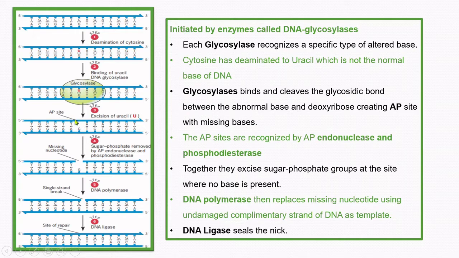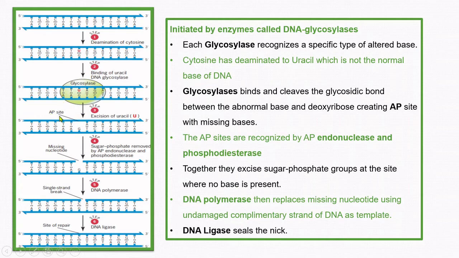You know that the deoxyribose sugar is covalently linked to the nitrogenous base by means of a glycosidic bond. This glycosylase enzyme cleaves the glycosidic bond between the sugar and the base, and it creates a site where there is no nitrogenous base, and that site is known as the AP site.